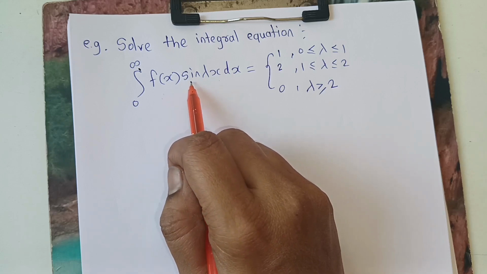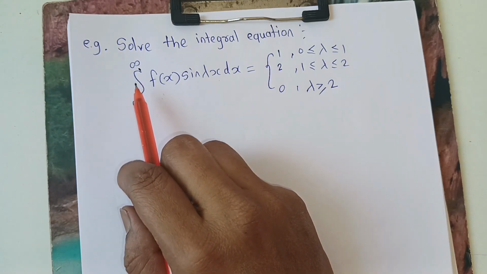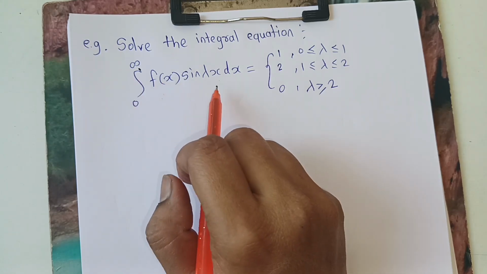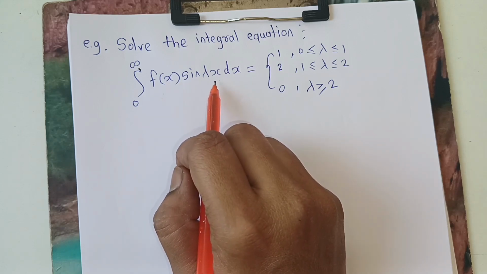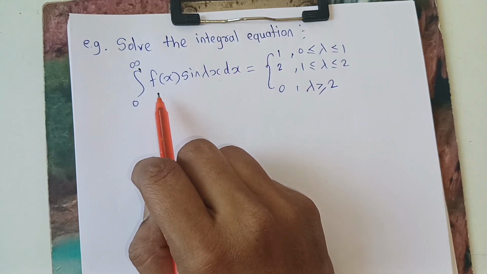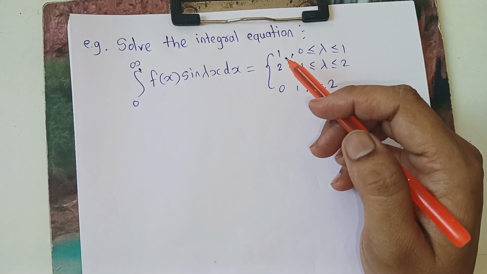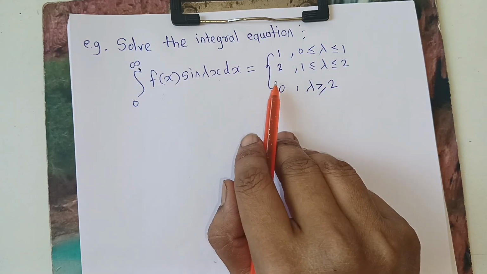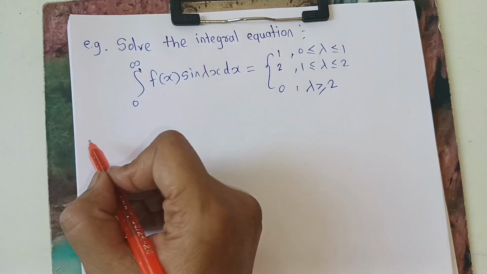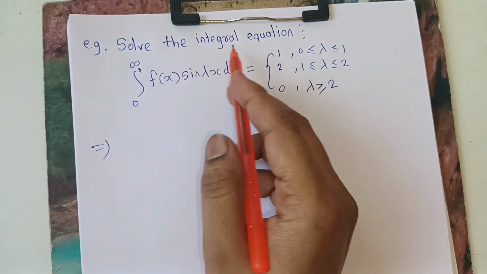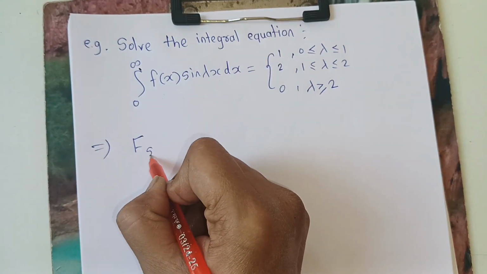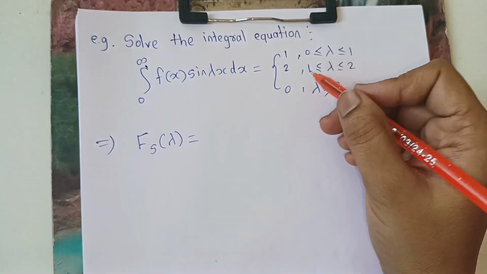If sine is there and the range of integration is 0 to infinity, then clearly it is the sine transform. So that means the right hand side function is fs of lambda, the sine transform of f of x. In case of an integral equation, fs of lambda is given.